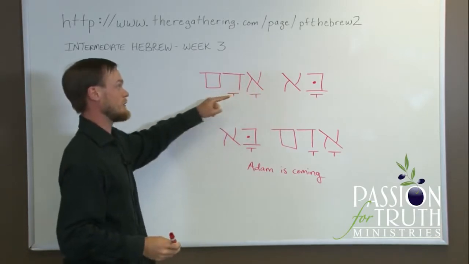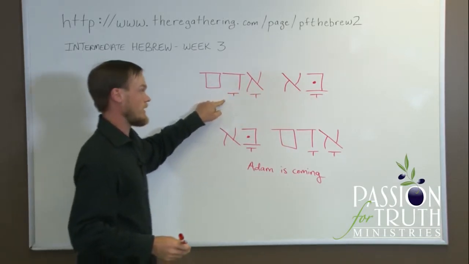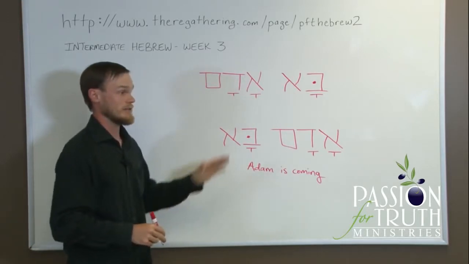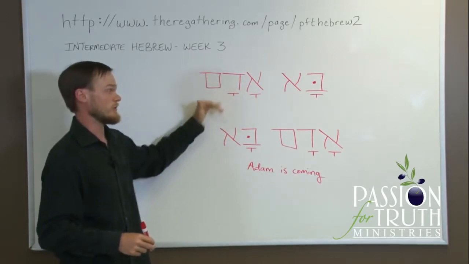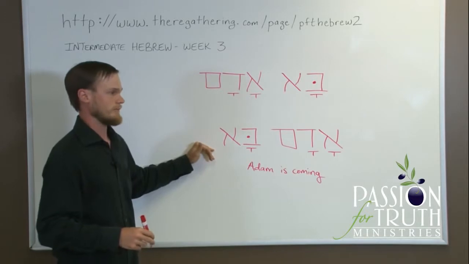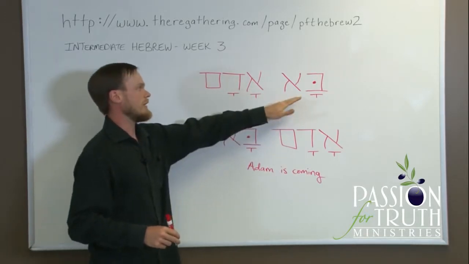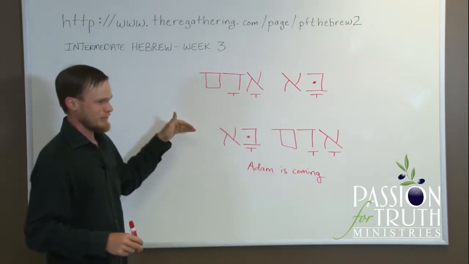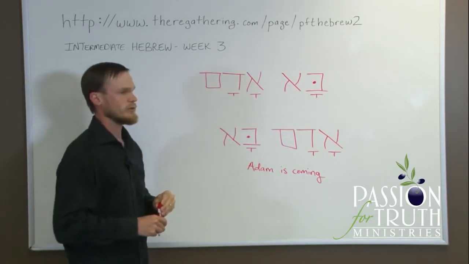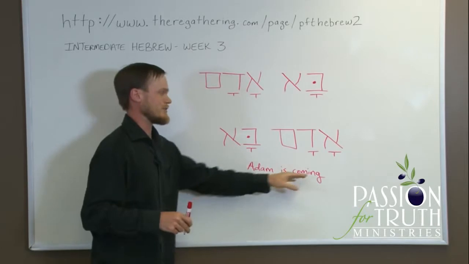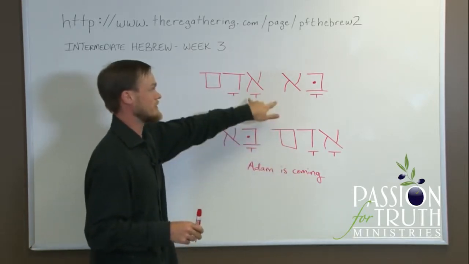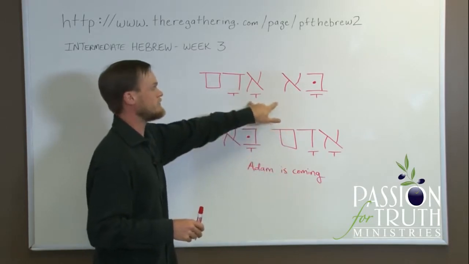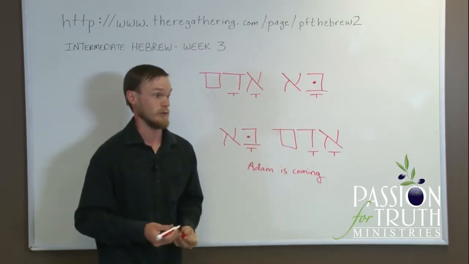Yes, verb followed by subject. Now, we would translate this the same way into English regardless of the order. Even though the order in which we're saying this is coming is Adam, when we translate into English, we still say Adam is coming because the meanings of these two sentences are identical.